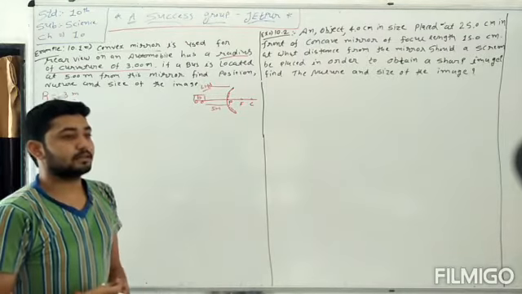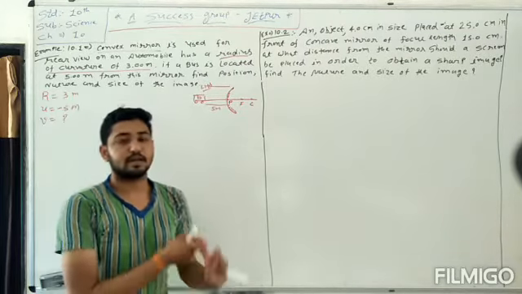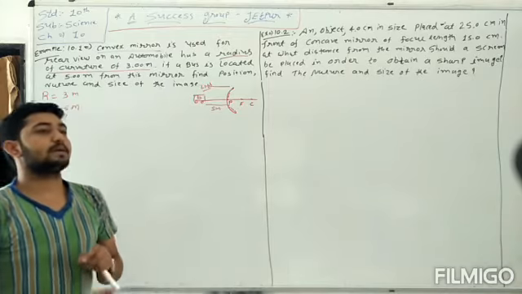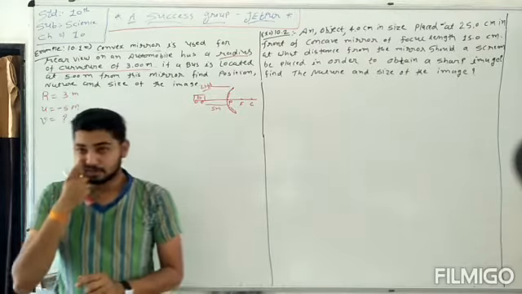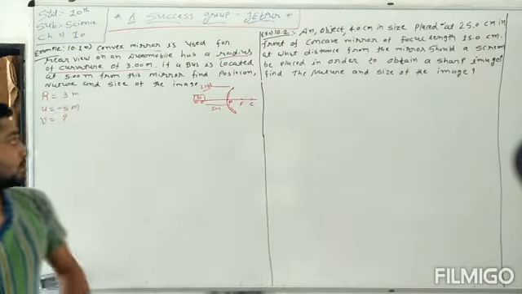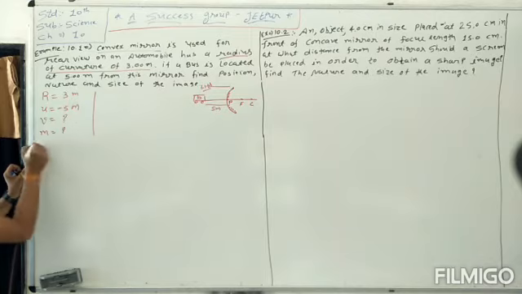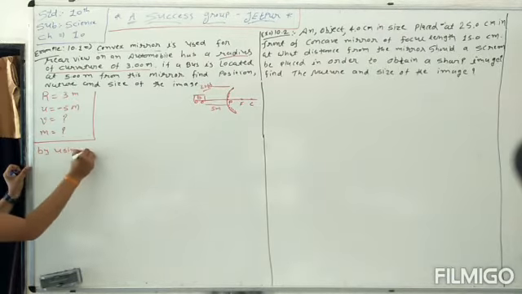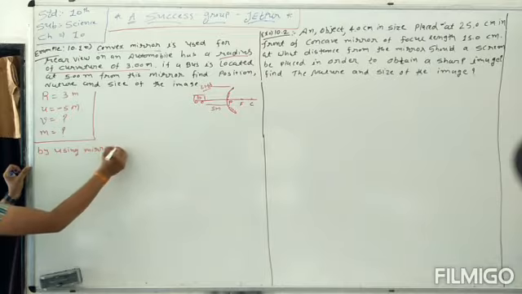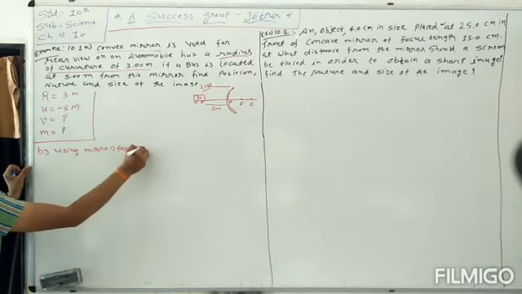If the magnification value is negative, we get a real image, and if the magnification value is positive, we get a virtual image. So we also have to find the magnification, by using the mirror formula.